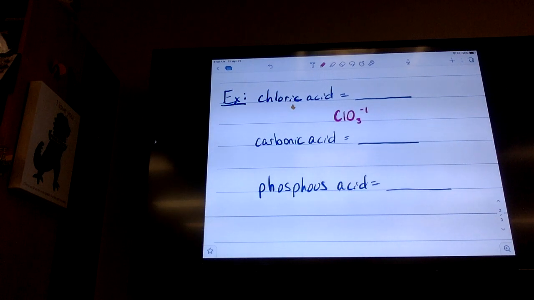Now, what am I missing? How do I know I've got an H? Oh, because it says it's an acid. So acid means that it starts with H. Now you have to balance the charges. If you want to be completely accurate, you should put aqueous at the end.